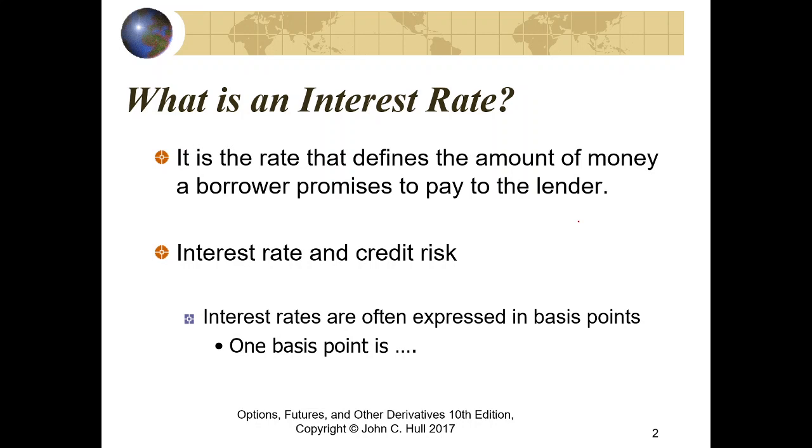So the credit risk doesn't come only from the fact that the borrower might not be able to pay back the principal. There is also a default event if the borrower was not able to pay back some of the interest he is obliged to pay.